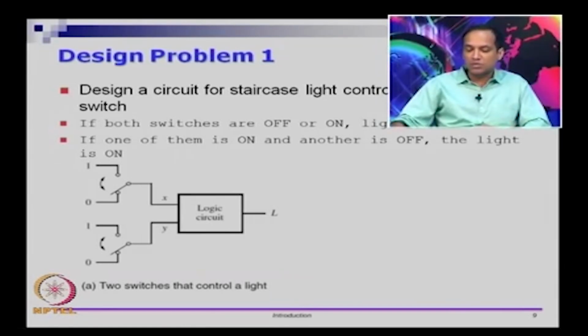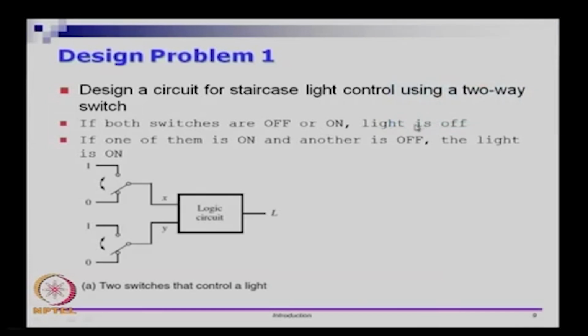Sometimes you have a light by the bedside and you want to turn the tube light on or off by the switch that you have at the bedside. This is a common thing that we have in houses. So let us see how to think about this. If both the switches are off or on, the light is off. If one of them is on and one of them is off, the light is on.